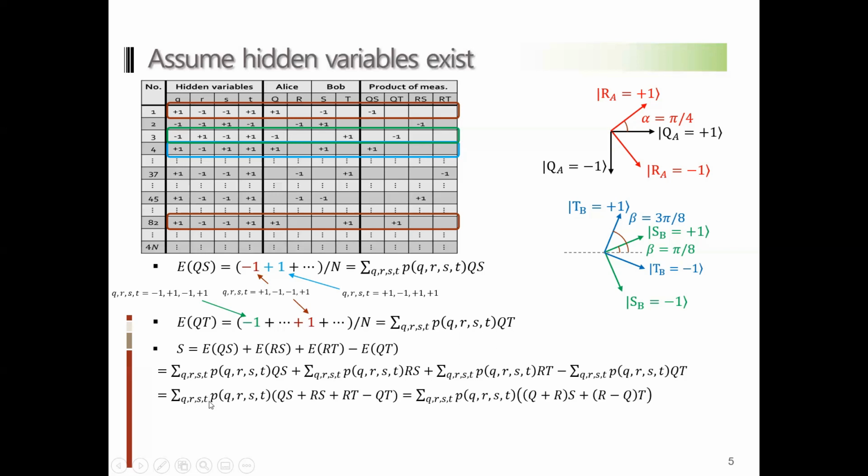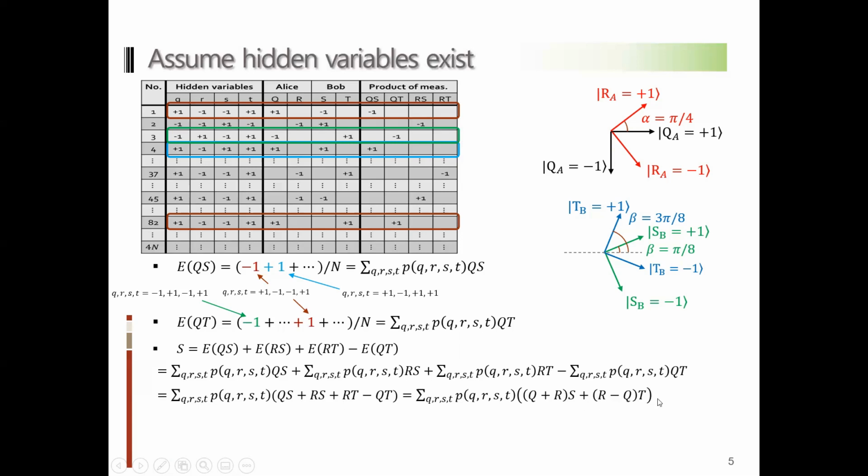For 16 different combinations, there will be 16 probabilities, and for each probability we can consider this kind of expression. Now we also rewrite this expression by factoring out S and T for these cases.